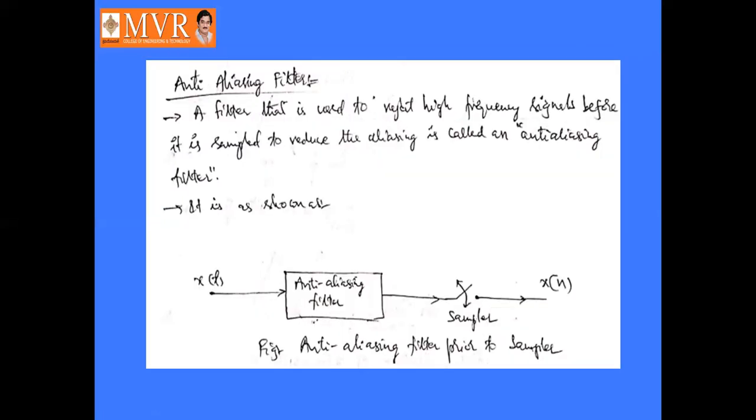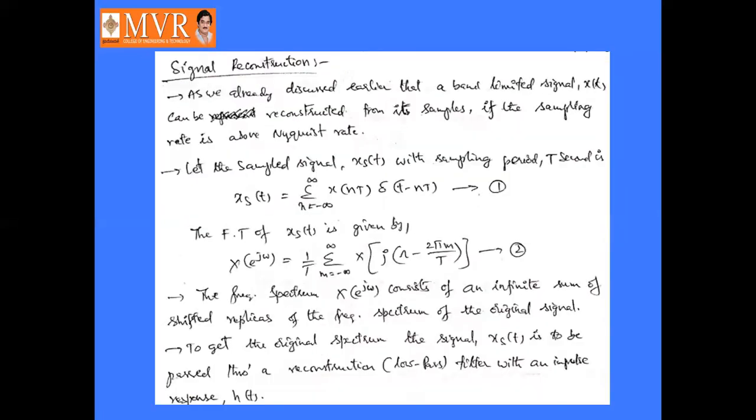Now we are going to discuss signal reconstruction. So far, our signal has been converted into a sampled version. So how do we reconstruct this signal? From the sampled version, it can be reconstructed so that we get the original signal.